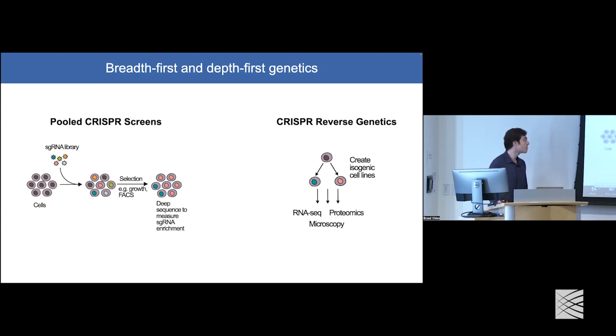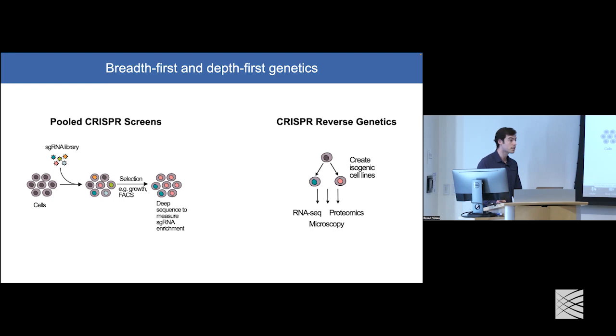And CRISPR tools have really been applied in two ways in experimental genetics. One is in the form of pooled CRISPR screens, which were developed in part at the Broad Institute by Eric Lander's lab. And these are experiments where you take a pool of cells and you usually infect them with a complex library of lentiviruses that express sgRNAs.